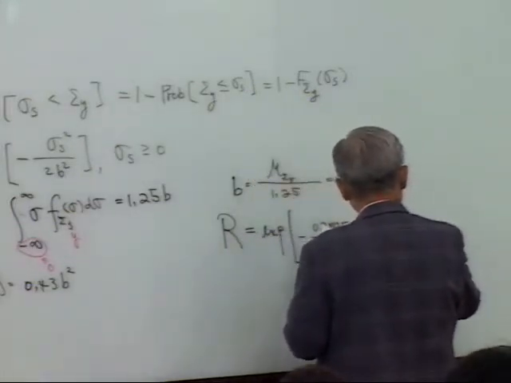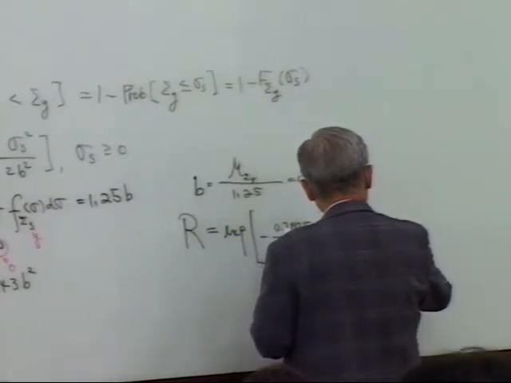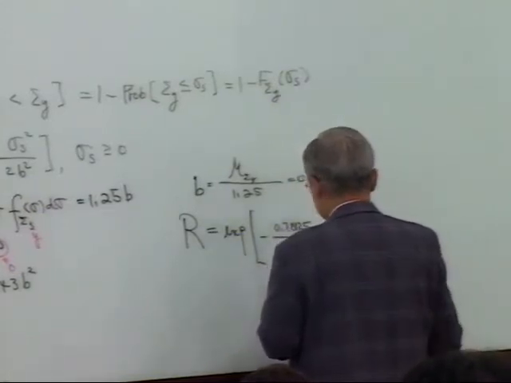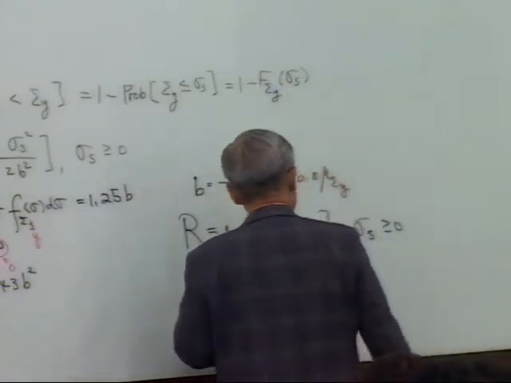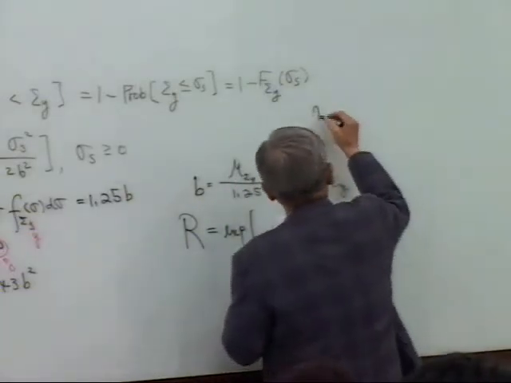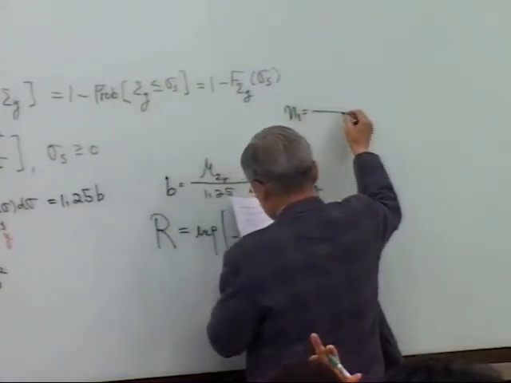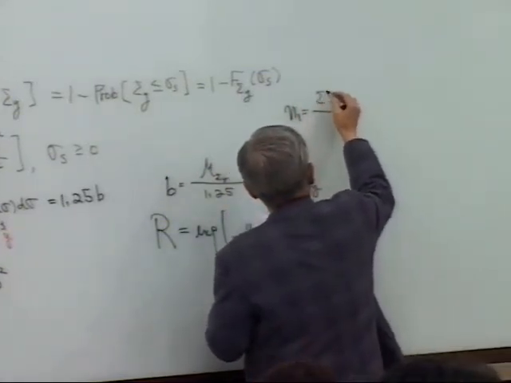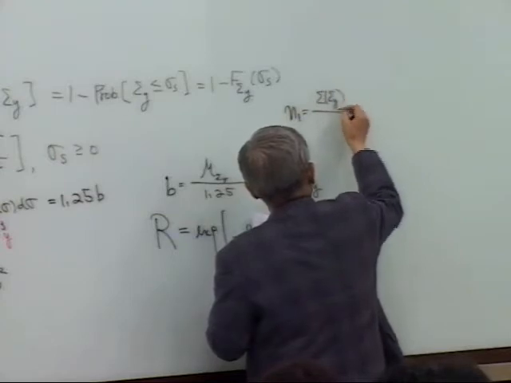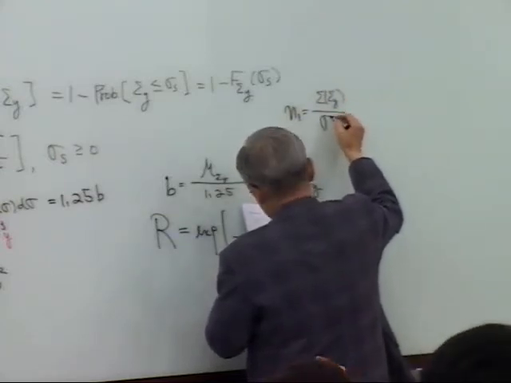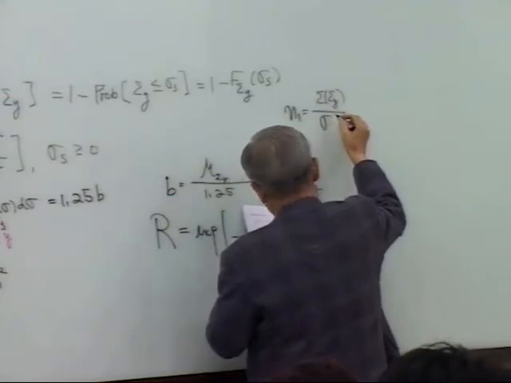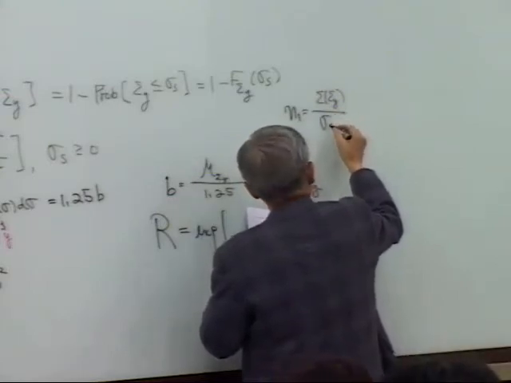I can still write this as sigma s greater than or equal to 0, because the definition of N1 is equal to sigma y over the... Can I write this?